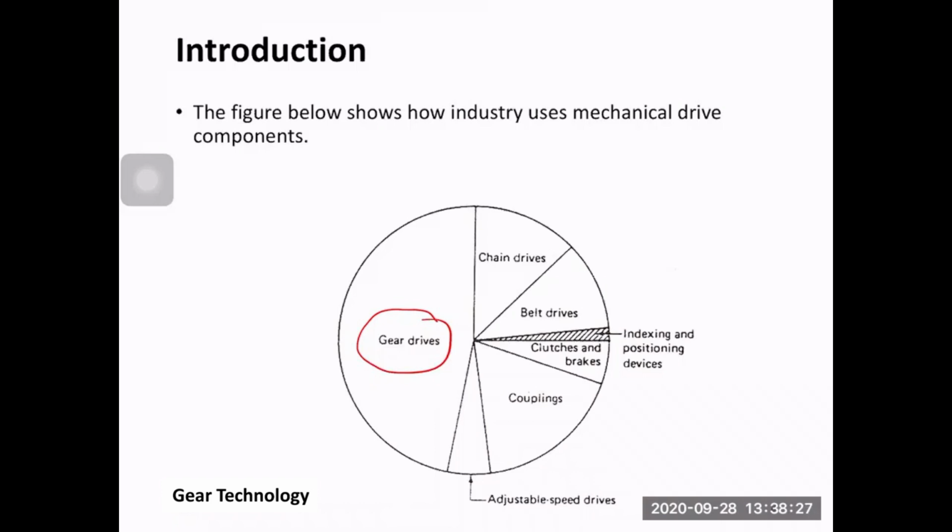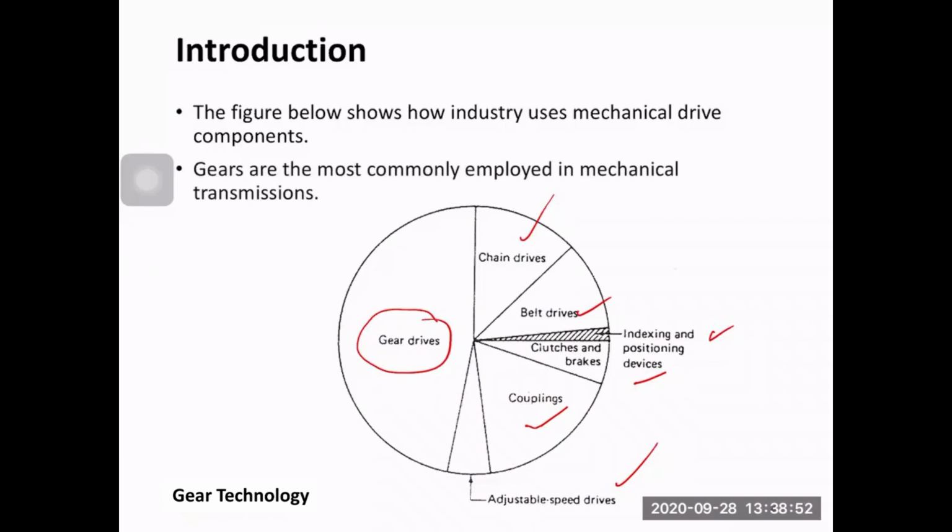So there are other options or other applications like chain drives, couplings, belt drives, adjustable speed drives, clutches and brakes, indexing and positioning devices, etc. But the good thing is that gears have the 50% share. So they are commonly employed in mechanical transmissions. Why?